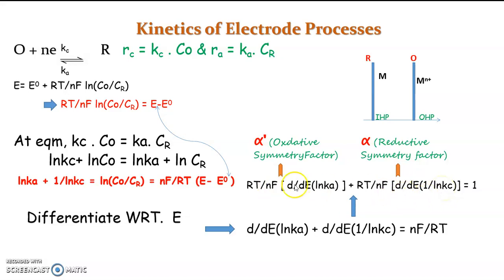Here we are calling this factor the reductive symmetry factor and this term the oxidative symmetry factor. Here ln Kc denotes that as the forward reaction increases, the potential drops from the equilibrium value, which is cathodic polarization, and this indicates anodic polarization.